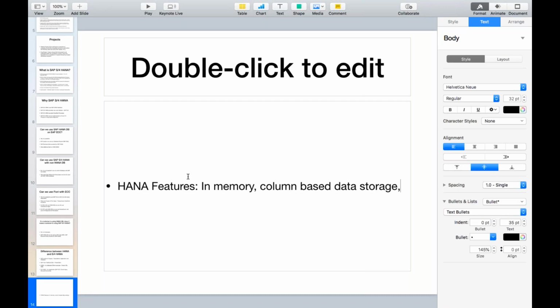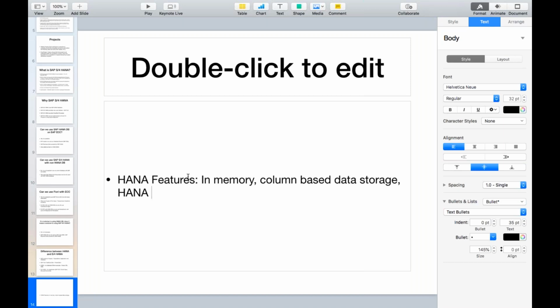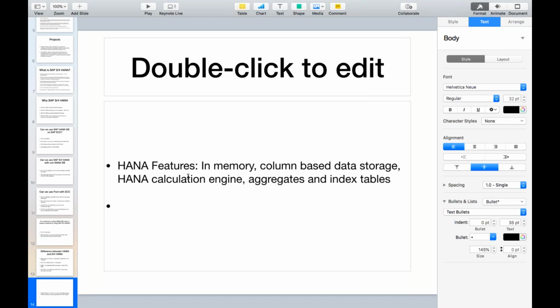You should also be very clear about what is the HANA calculation engine. And obviously you should also be able to understand what are aggregates and index tables. So these are some of the topics that we need to discuss from the HANA point of view.